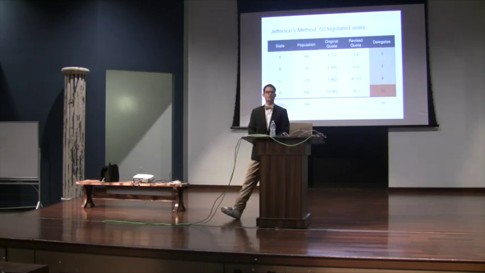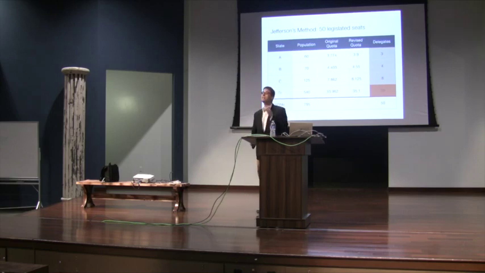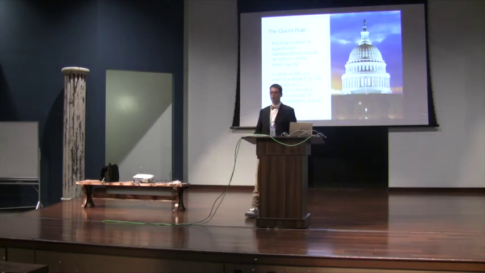Using Jefferson's method, guess how many seats they get in this scenario? 35, which is baffling. It's not clear if Jefferson knew that his method favored large states to that extent. They actually can not only pick up one by ensuring that they're the one rounded up, they can pick up another one. And so Jefferson's method, at least mathematically, has a fundamental flaw.